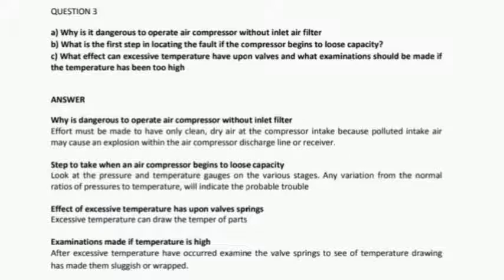Also, a fouled or clogged air inlet filter will reduce air throughput into the compressor cylinder, which can lead to the compressor losing capacity and also raise the temperature. Hence, the inlet air filter should be checked for fouling and cleaned properly if necessary.